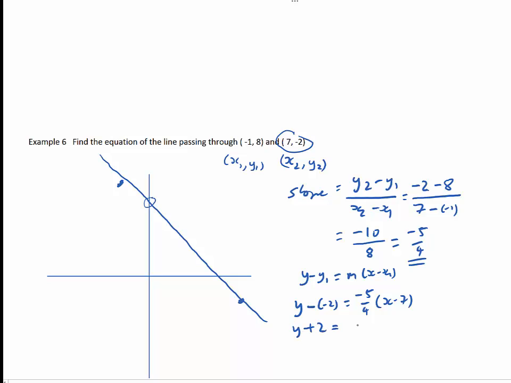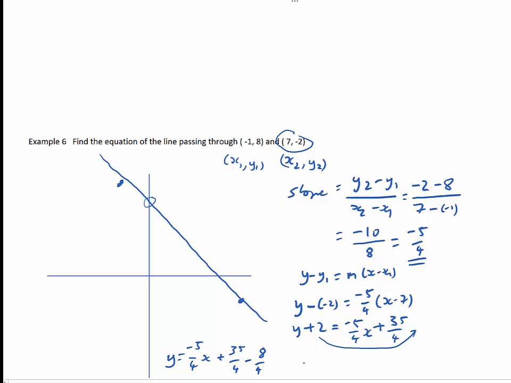y plus 2 equals minus 5 fourths x plus 35 fourths. When I bring the 2 over, it becomes minus 2. 2 is of course 8 fourths, so y is minus 5 fourths x plus 35 fourths minus 8 fourths.